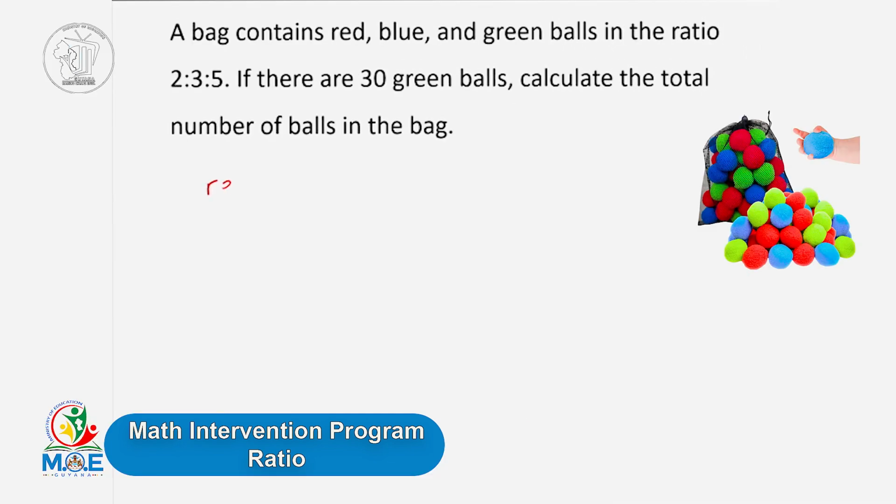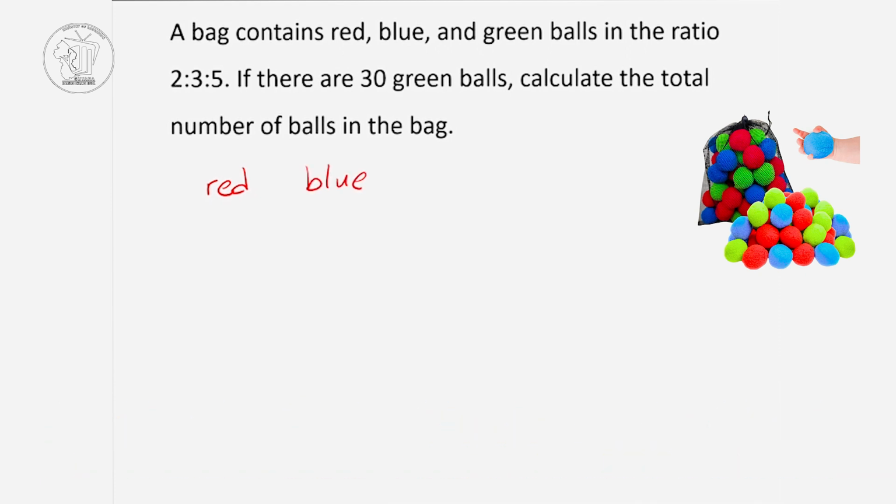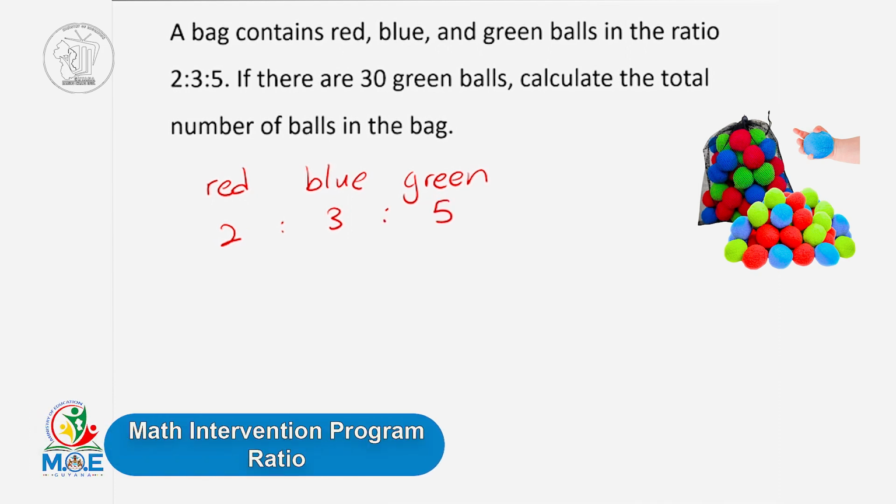We know in the bag we have 30 green balls.